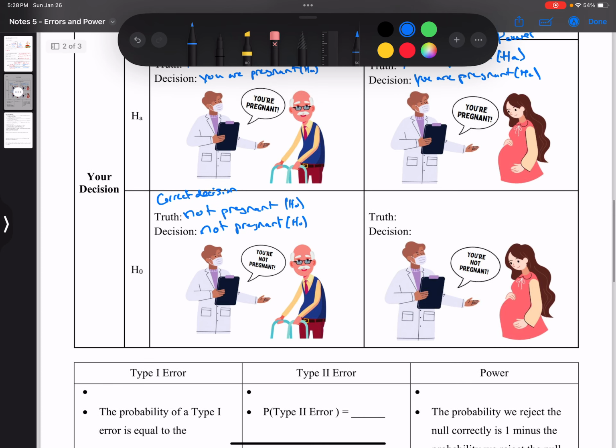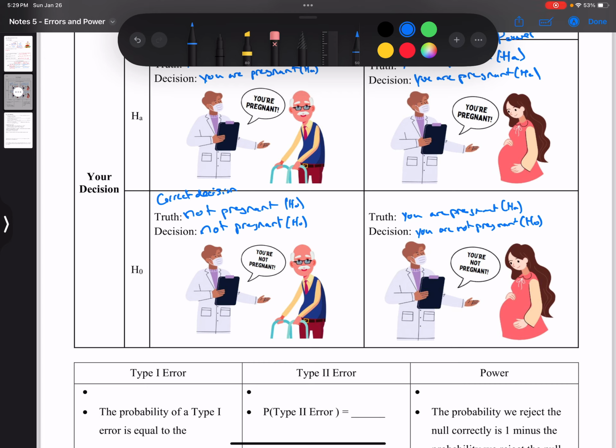And then last up, type 2 error. This is where, in truth, you are pregnant, but our decision is that we find that you are not pregnant. And this is where we fail to reject when we should have rejected.